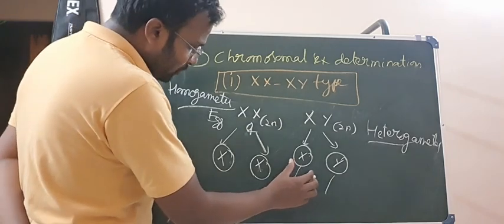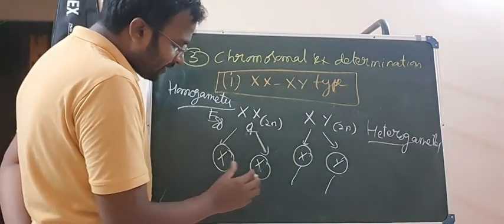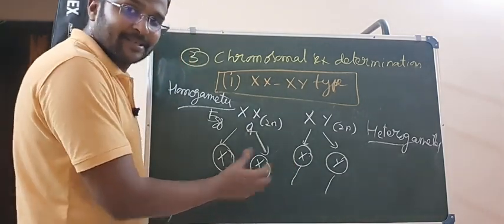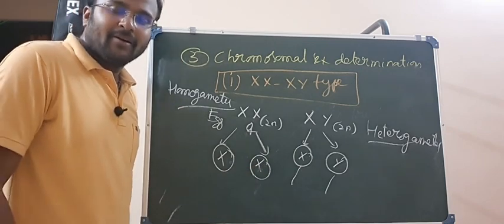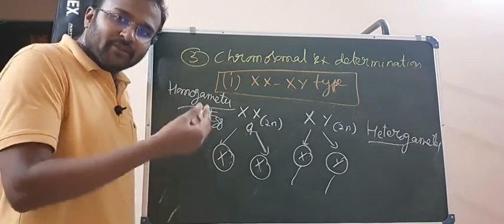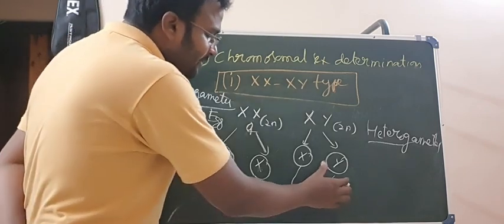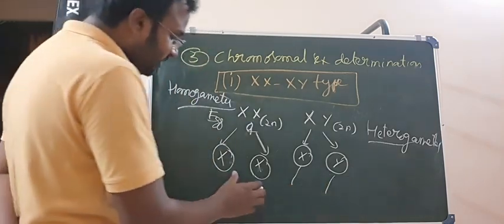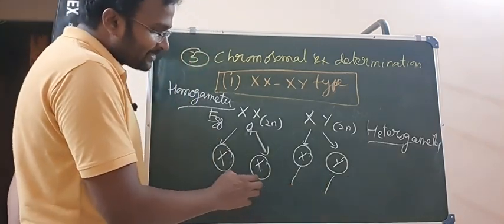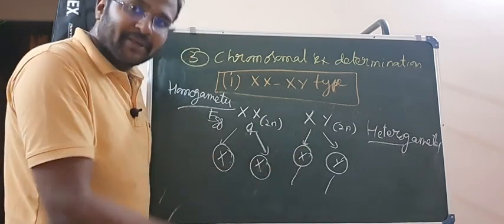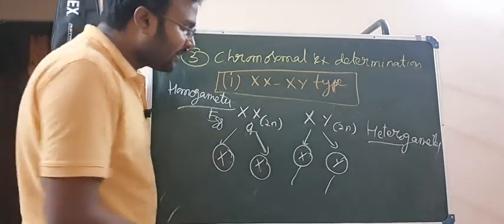So if an X sperm combines with any of the X egg cells, the zygote formed is female type. And if a Y sperm cell combines with any of the X egg cells, then the zygote will turn into a male.